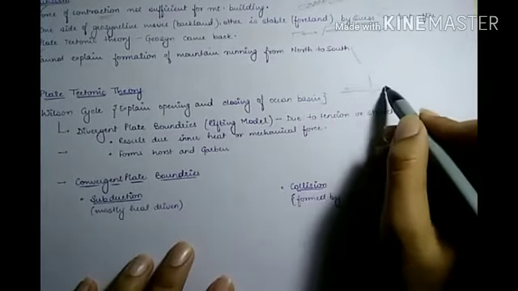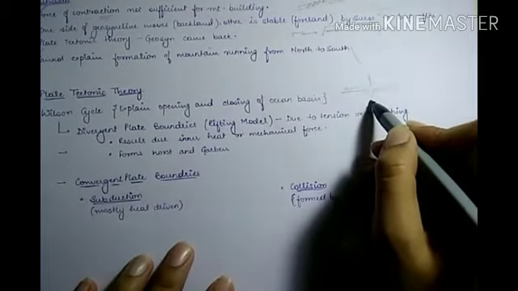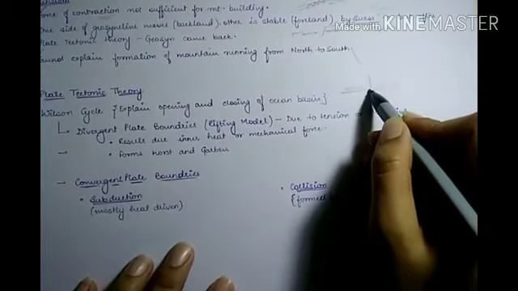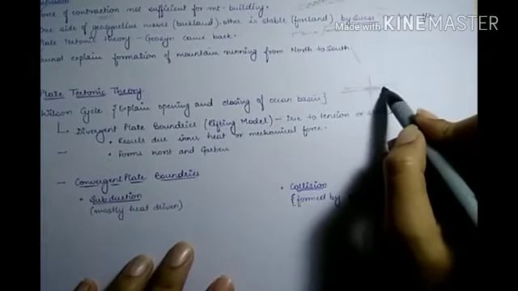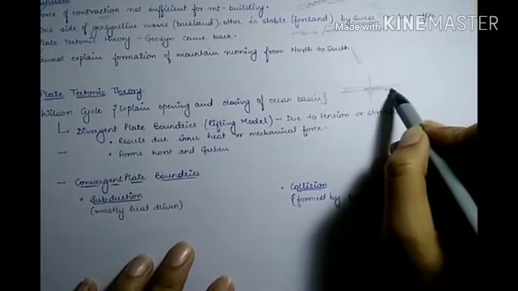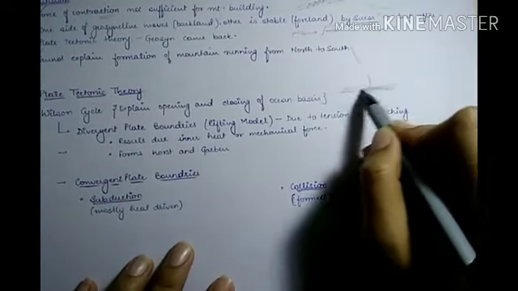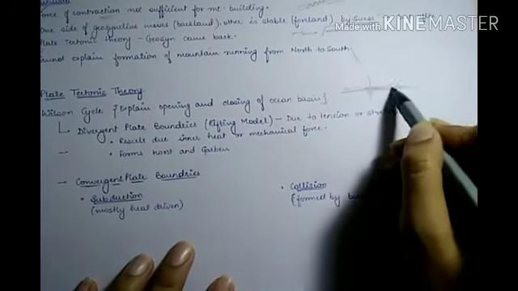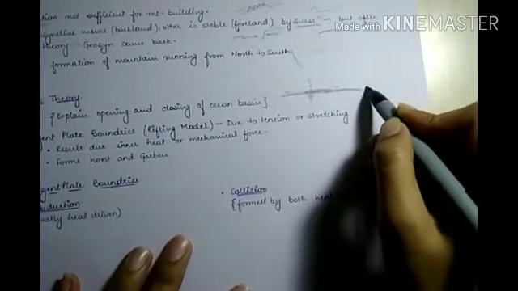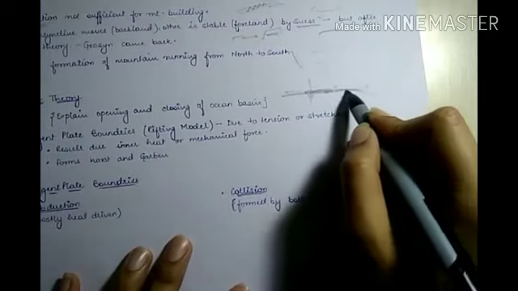Okay, I explained to you that these are divergent plate boundaries. Here the magma will rise up and a new crust will form, with some sedimentation also. On the other side, the mass will be subducting.